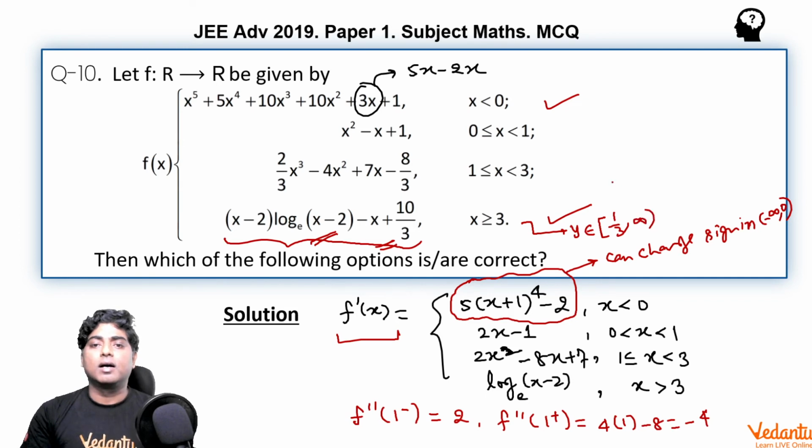And in the first part, the function is not strictly increasing, but by the intermediate value property, as it is an odd degree polynomial, at minus infinity the value is minus infinity. I'm just saying the end points. At 0 the value is 1.